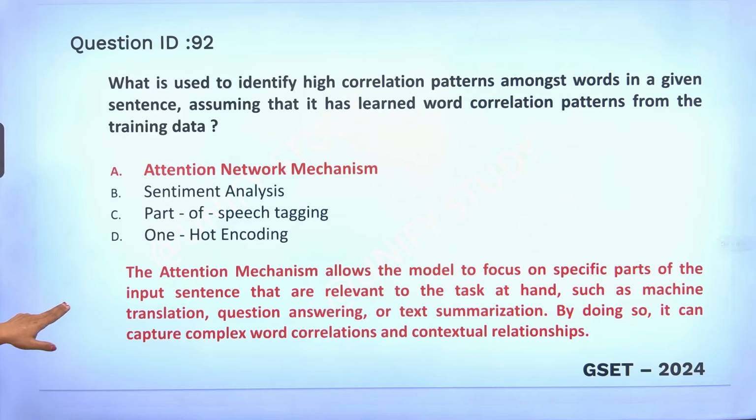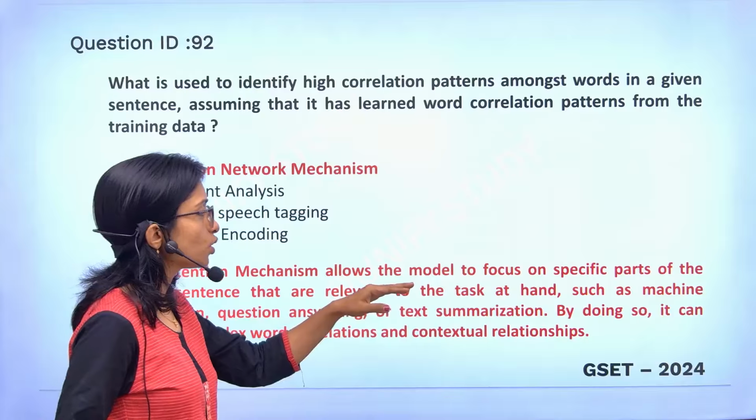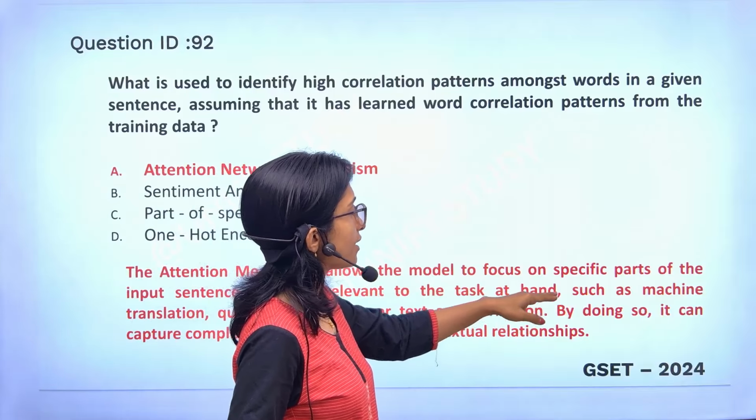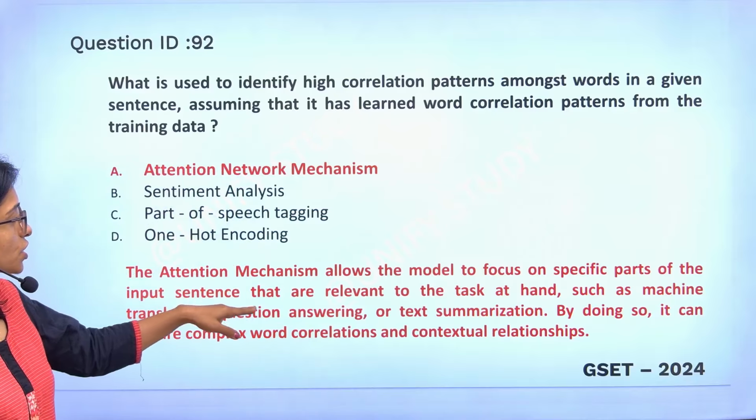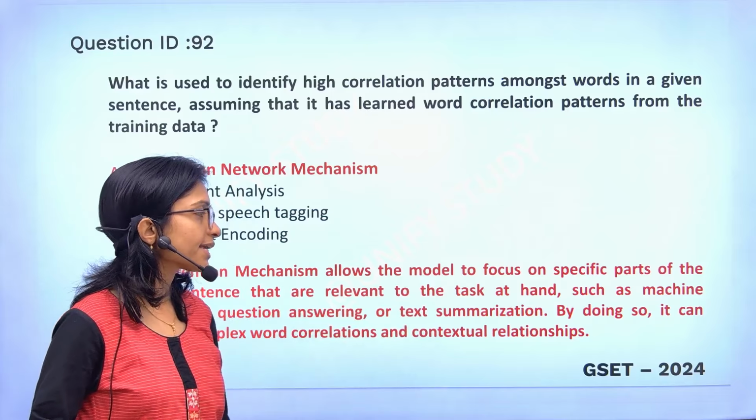The attention mechanism allows the model to focus on the specific parts of the input sentence that are relevant to the task at hand, such as machine translation, question answering or text summarization.